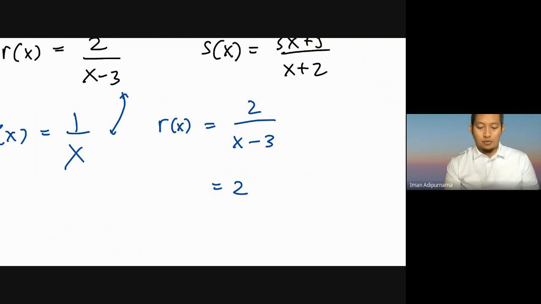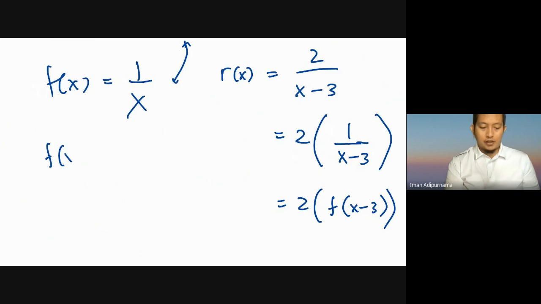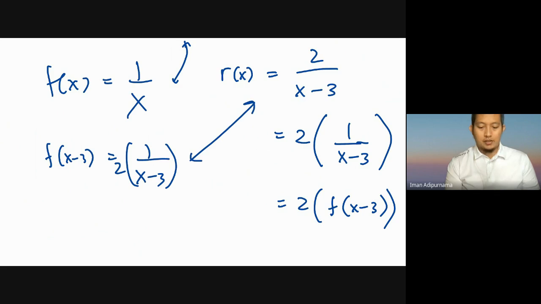We can take out 2, and this will be 1 over x minus 3. And what this does is, this is actually f of x minus 3, right? So if you have f of x minus 3, this will be 1 over x minus 3. And then you need to multiply by 2, and then this becomes R of x. So this is one way to imagine any function that you might have in calculus. You can use transformations.